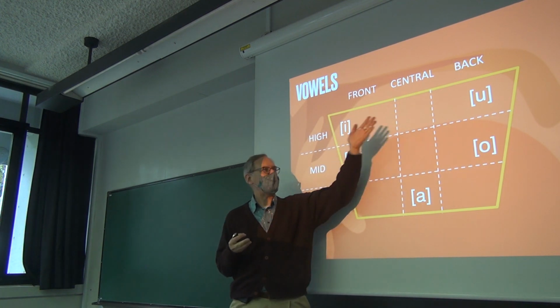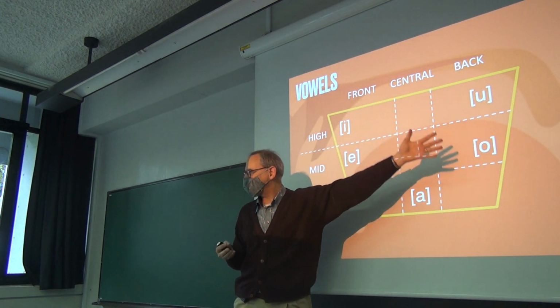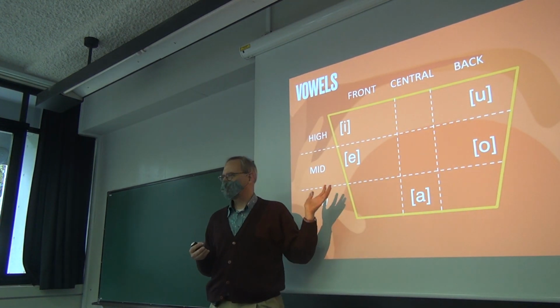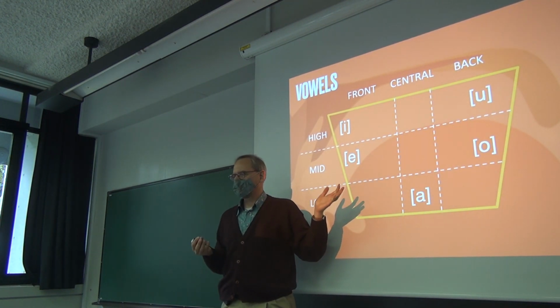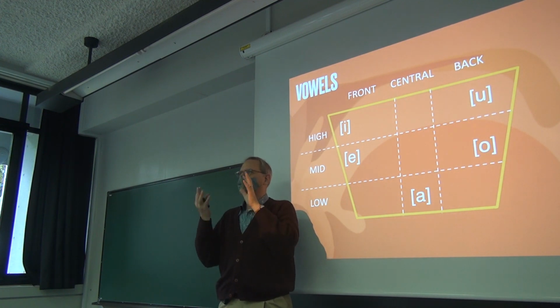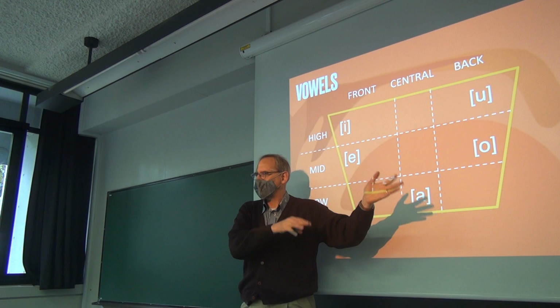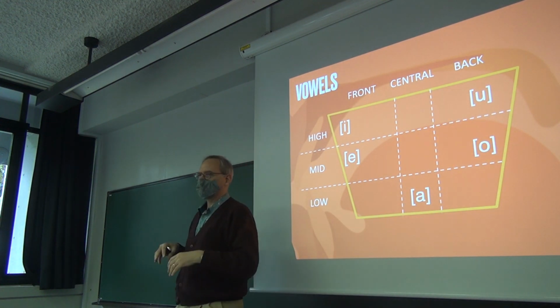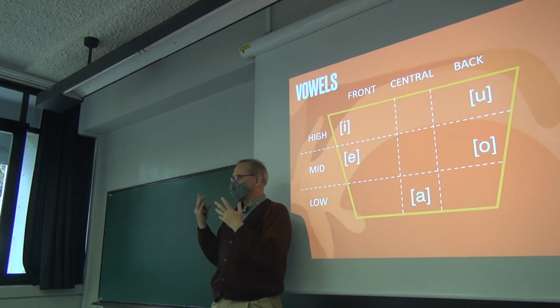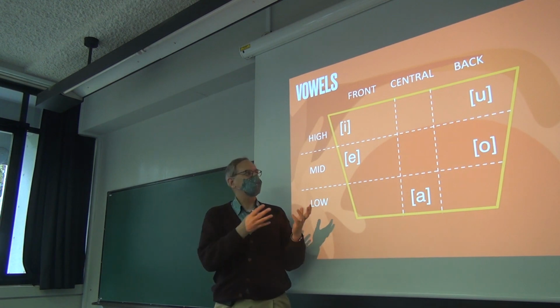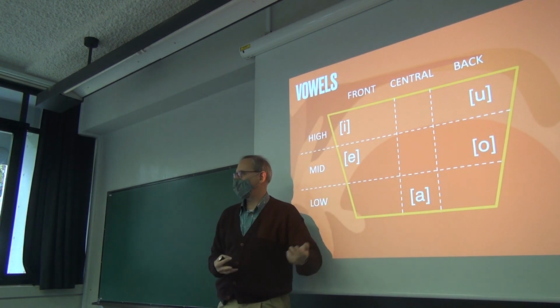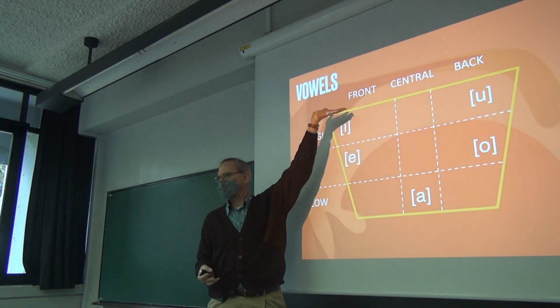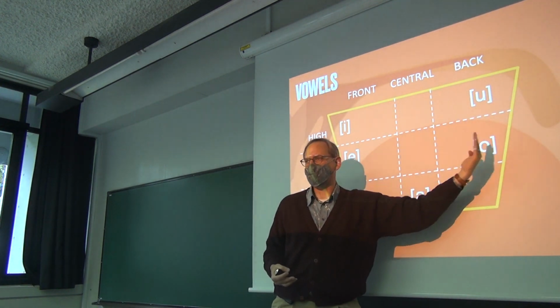So we use the same vowel space for Japanese, for Russian, Italian, English, Swahili. All human languages include vowel sounds produced in this same way of combining tongue height and tongue position.